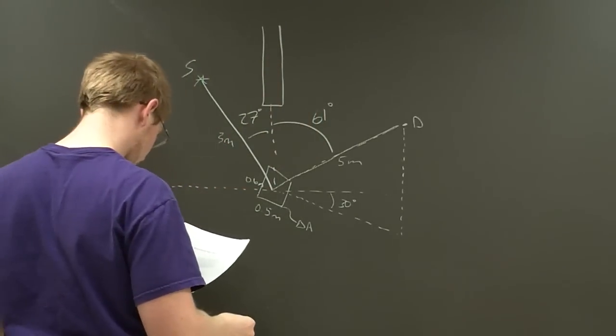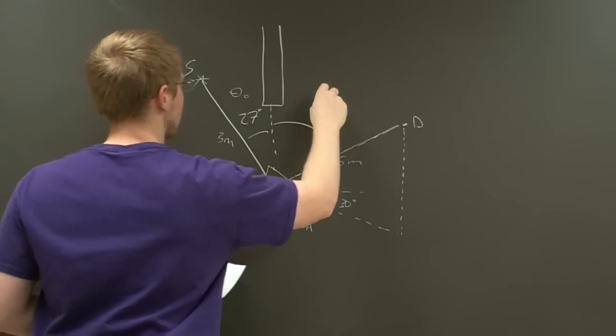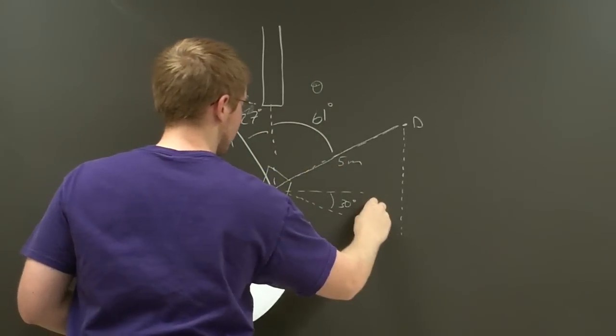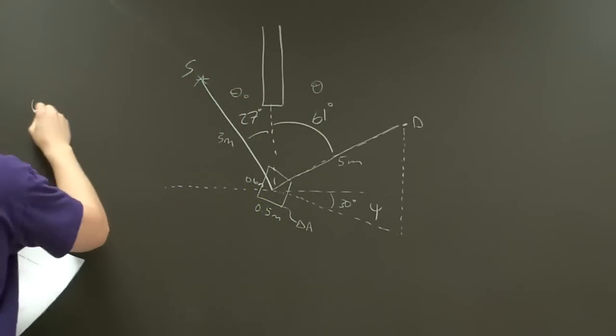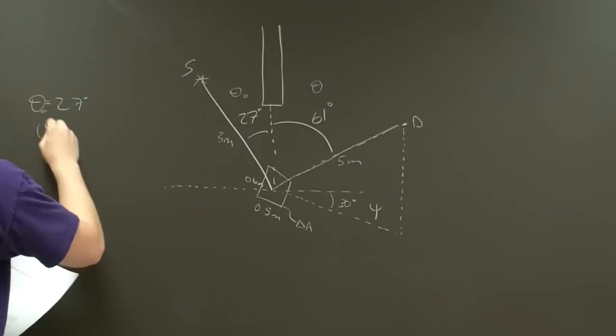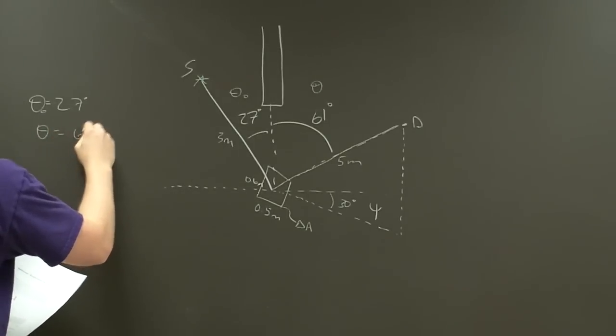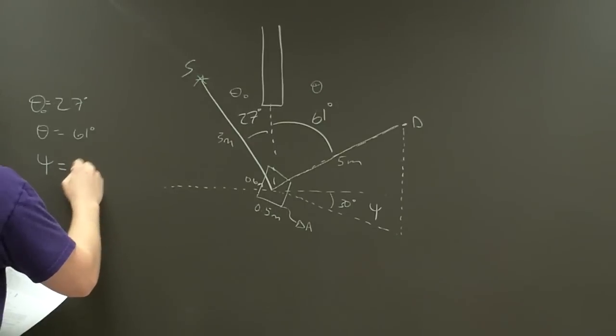Let's call this theta naught. Let's call this theta. Let's call this psi. So we have theta naught equals 27 degrees, theta is equal to 61 degrees, and psi is equal to 30 degrees.